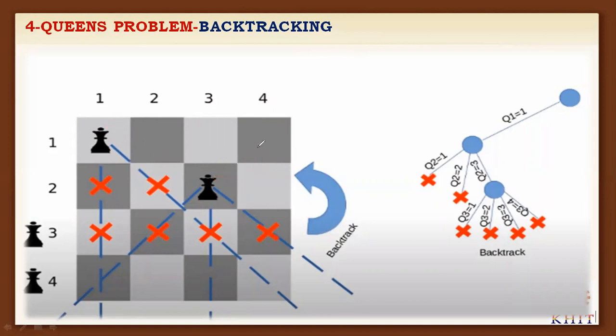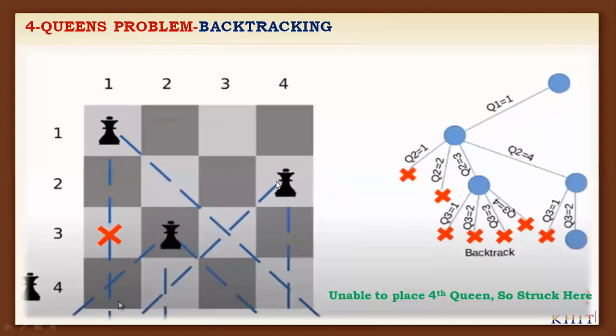So now we will see. Just moving Q2 here, and then redraw the same. Here is the first queen, Q1.